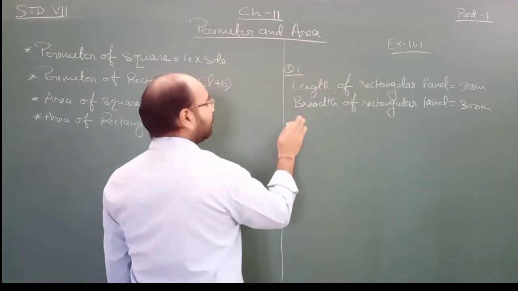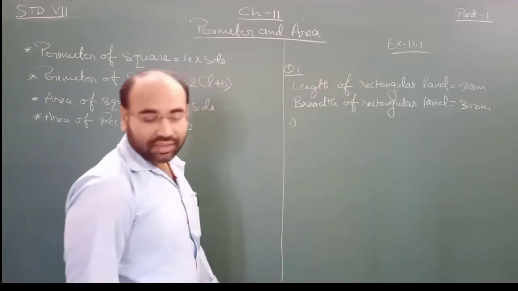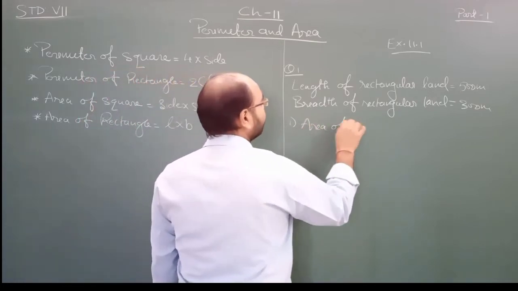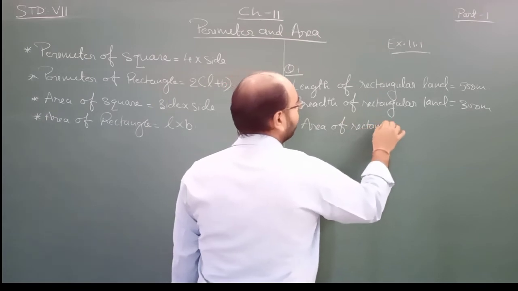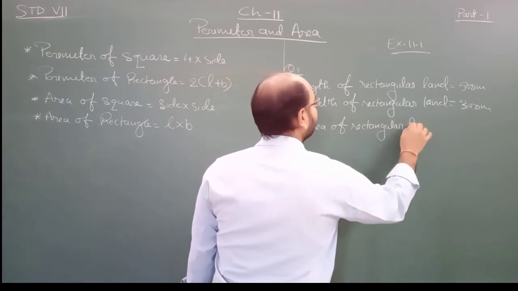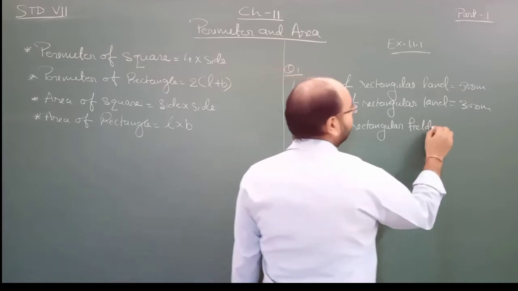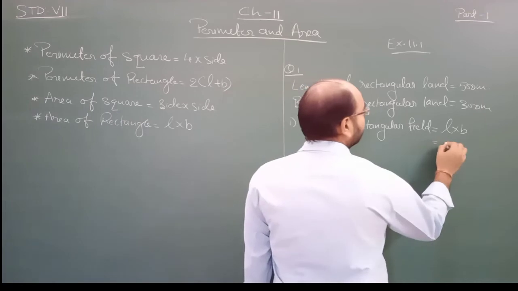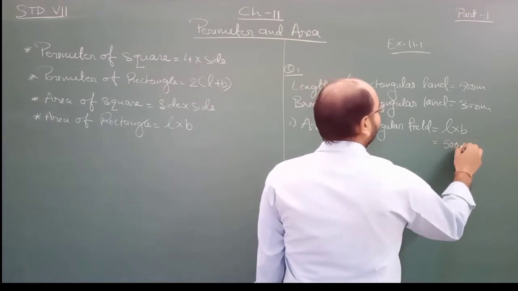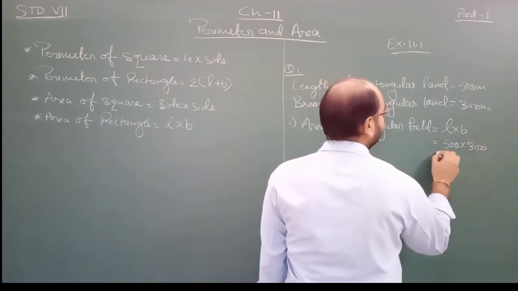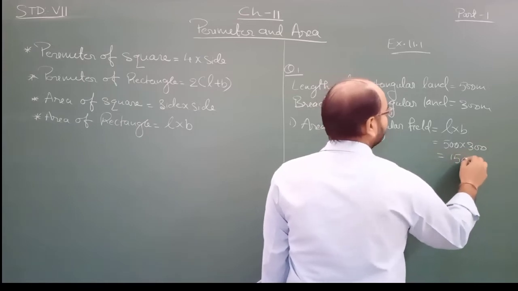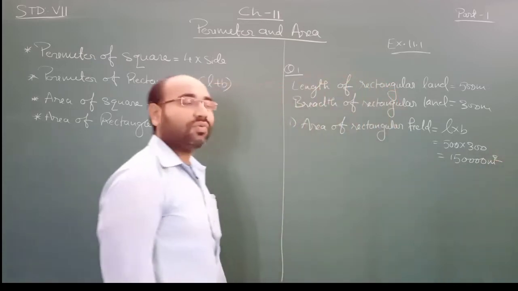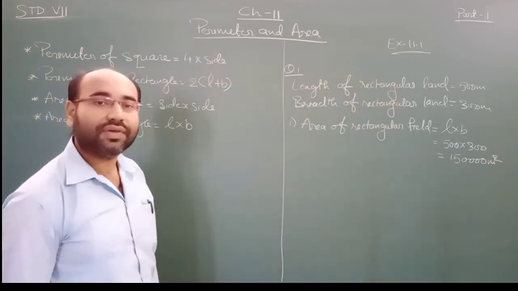The first thing we have to find out is the area. So area of rectangular field, the formula we have to use is L into B. So 500 into 300, the answer comes to 1,50,000 meter square. 5 3s are 15 and 4 zeros we have to add.